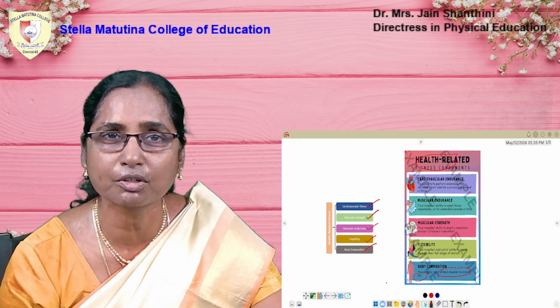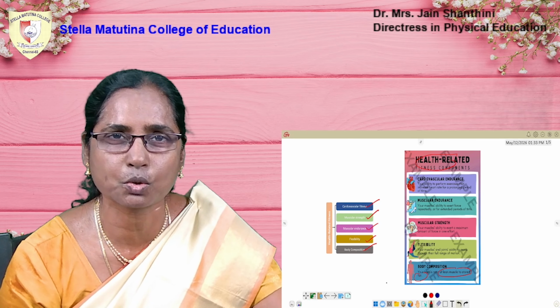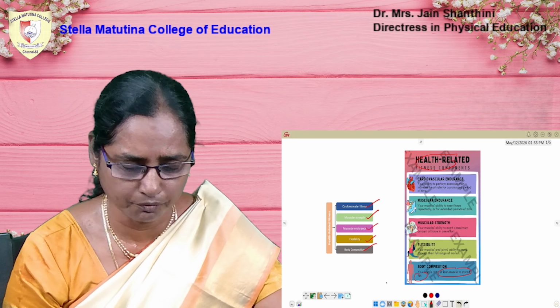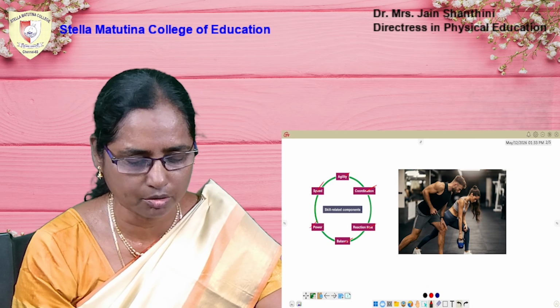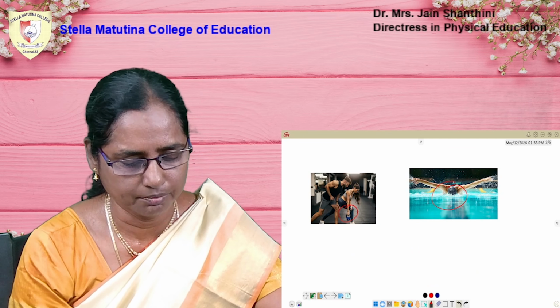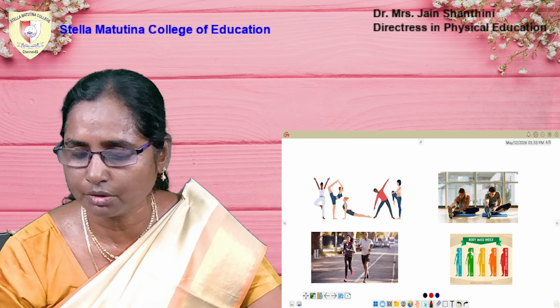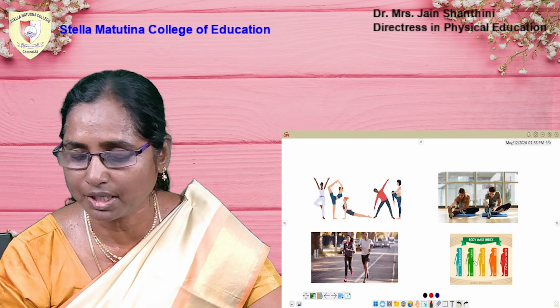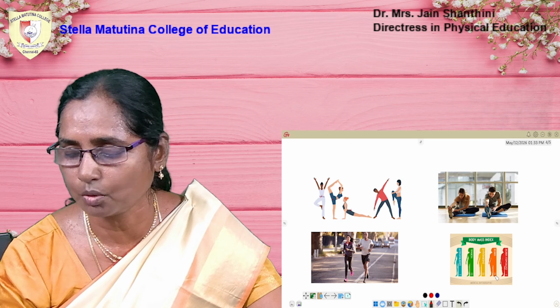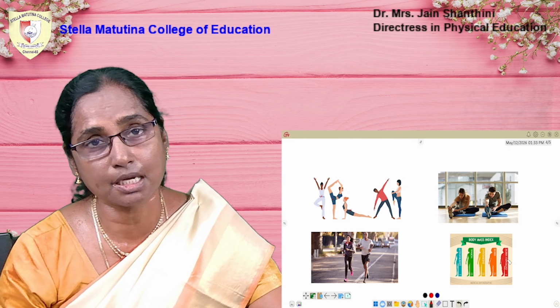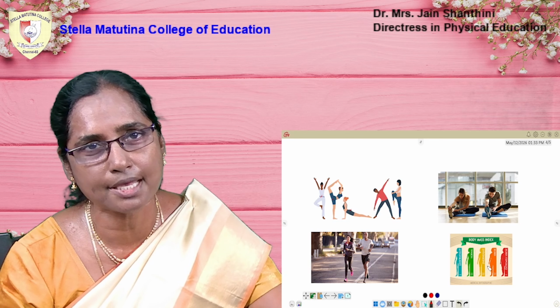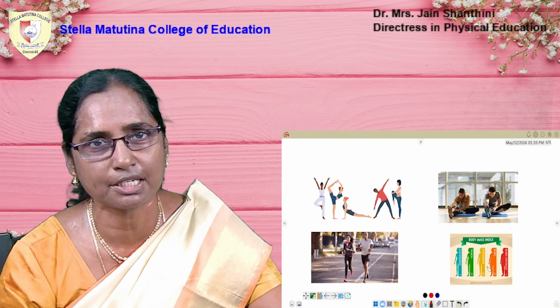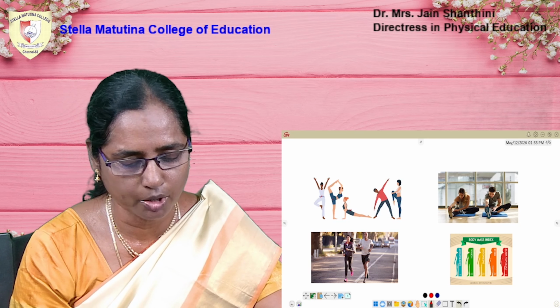If you look at this figure, it shows underweight, normal, overweight, obese, and extremely obese. These are all based on the fat that has been deposited in your body.